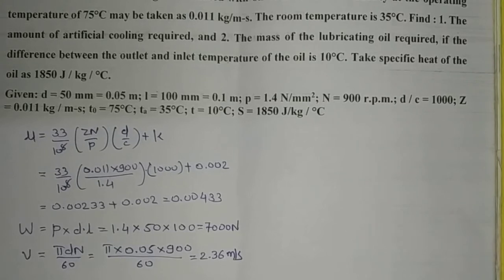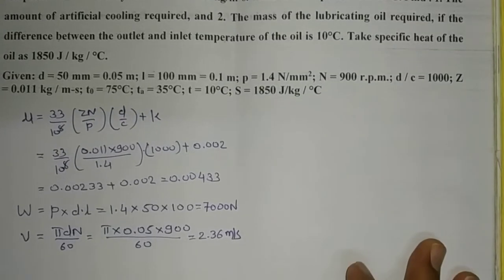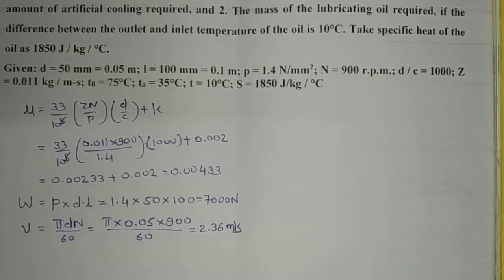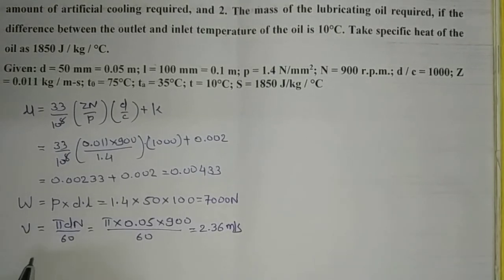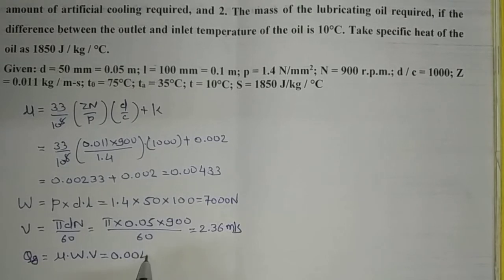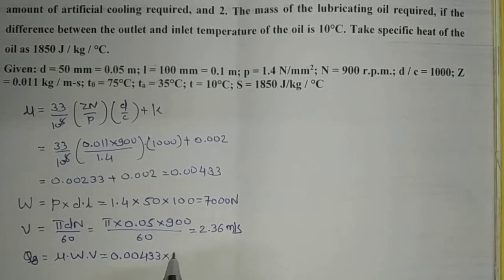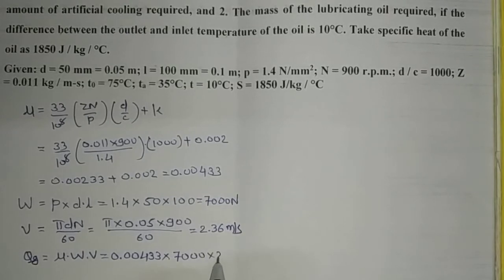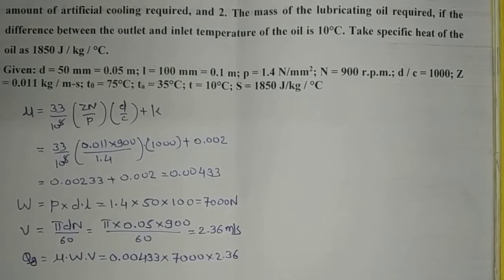Now find the heat generated. Heat generated is given by the equation Qg is equal to mu W into V. So mu is equal to 0.00433, W is equal to 7000 and V is equal to 2.36.